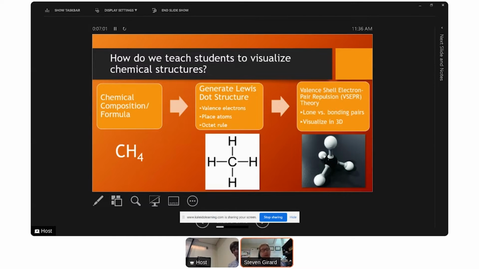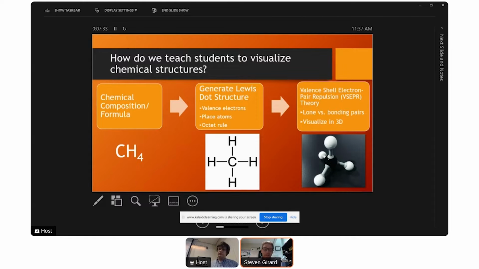But if we actually visualize the structure of methane in three-dimensional space, we have to represent each of those bonding groups, each carbon-hydrogen relationship, as taking up as much space as it possibly can. And so in actuality, what we generate is a structure known as a tetrahedral structure, all the way to the right. This is a picture of a space-filling ball and stick model. You'll note that ball and stick model kind of looks like a tripod.